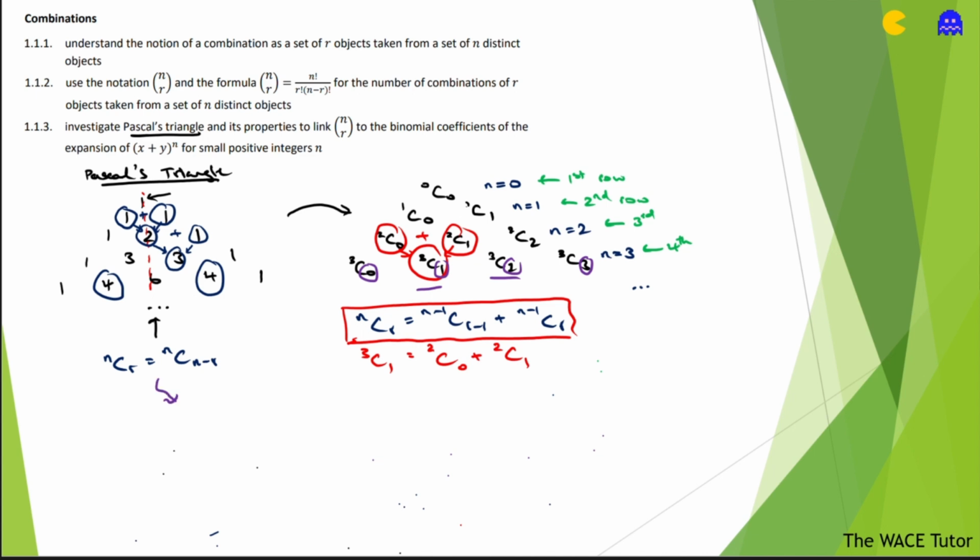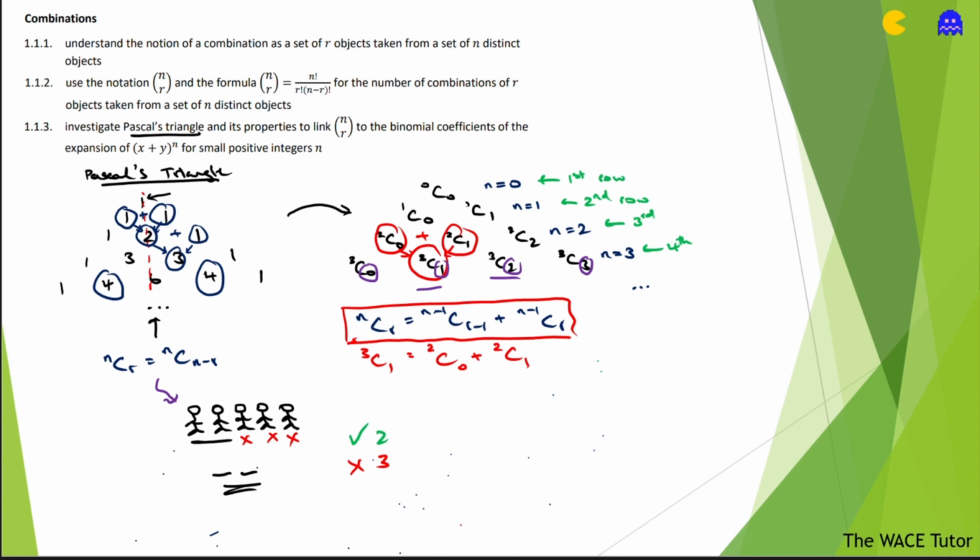We can also come to an intuitive explanation of why this works. Let's go back to our 5 people example. Our 5 people and 2 positions we need to fill. So, if we're choosing 2 of these people to fill up these 2 positions, that's the same as not choosing these 3 people. So, each time we choose 2 people, we are actively not choosing 3 people.